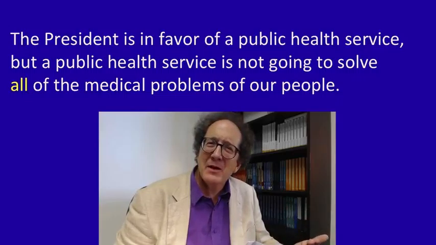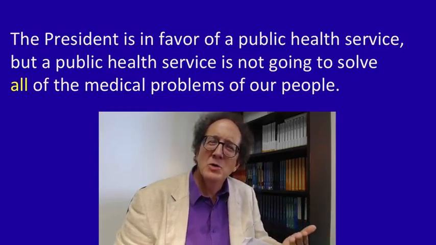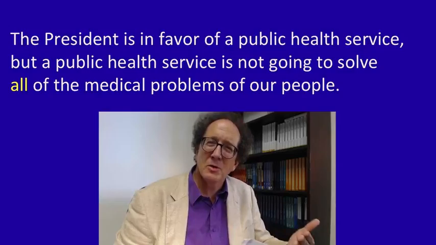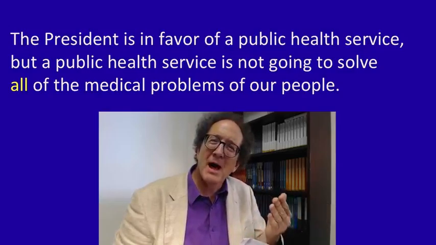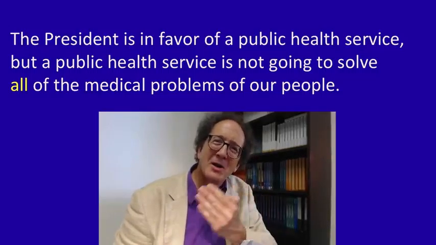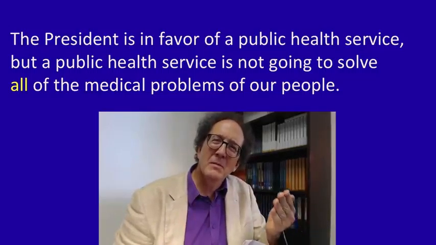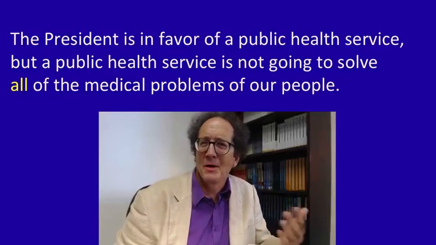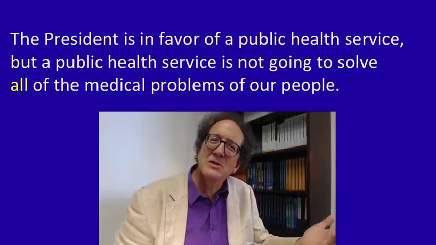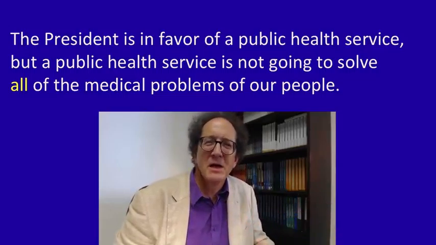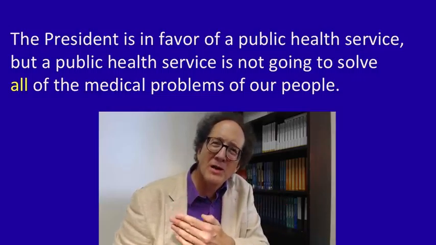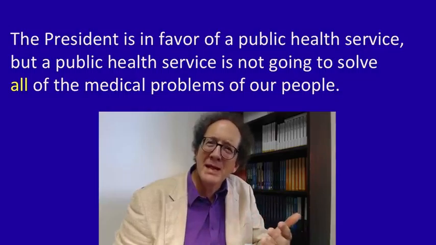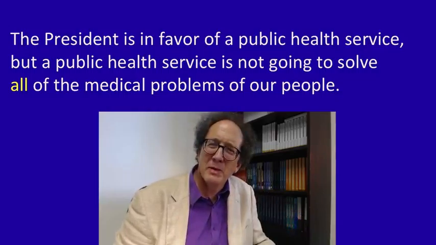So you're discounting a straw man by using an unguarded term, all. You put the unguarded term in the mouth of the objector. By not guarding it, you make their view more susceptible to refutation and make it easier for you to respond to that objection. Whereas the objector really would never have used the unguarded term, but would have used a guarding term like most or many of the health problems of our people.